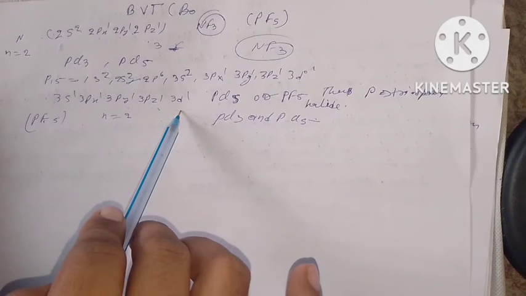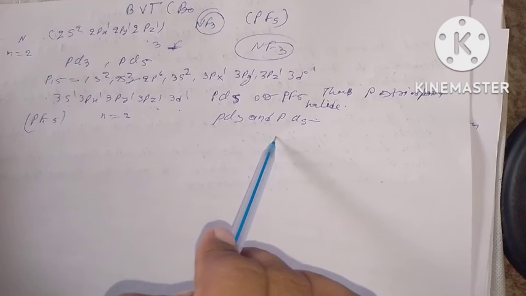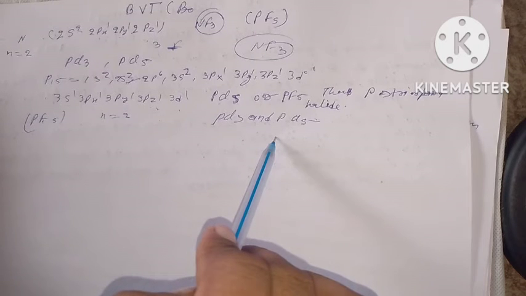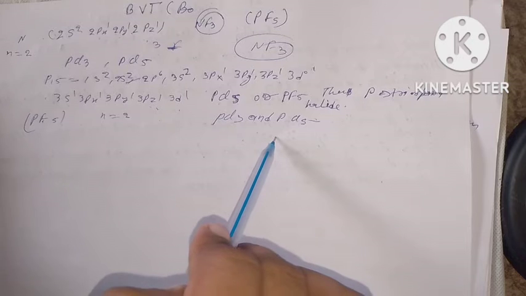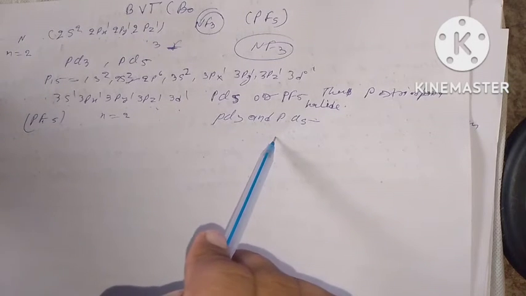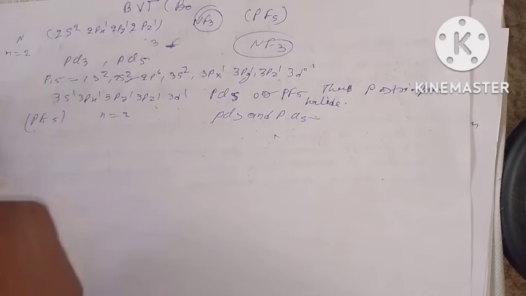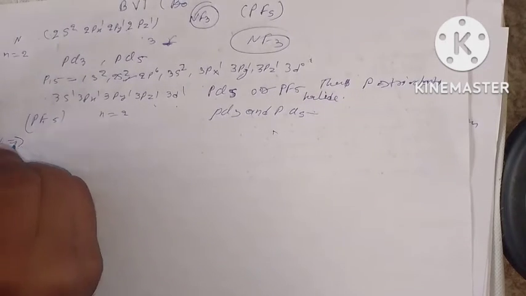These 5 orbitals overlap with 5 p orbitals of chlorine or fluorine atoms and form PCl5 or PF5 molecule. Thus P can form tri or pentahalide.